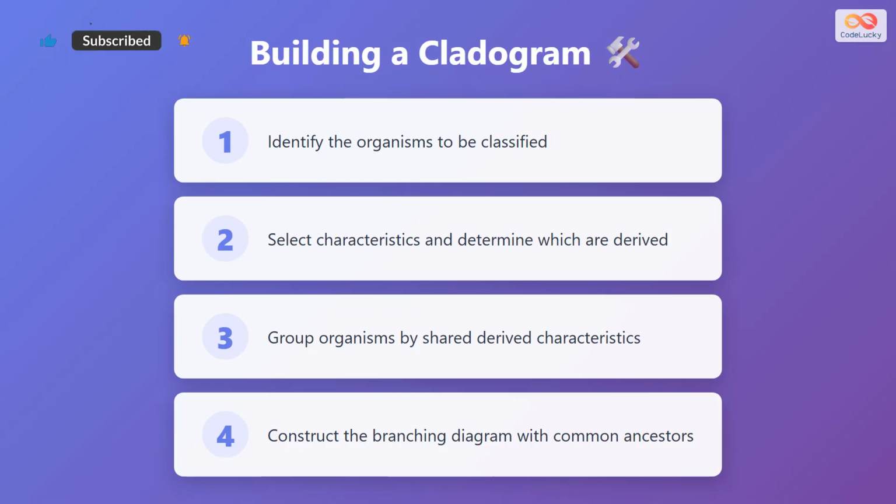Group the organisms based on their shared derived characteristics, placing those with the most recent common derived traits closer together. Step 4. Construct the branching diagram with nodes representing common ancestors and label the branches with the derived characteristics that define each split. This process creates a hypothesis about evolutionary relationships that can be tested with additional data.